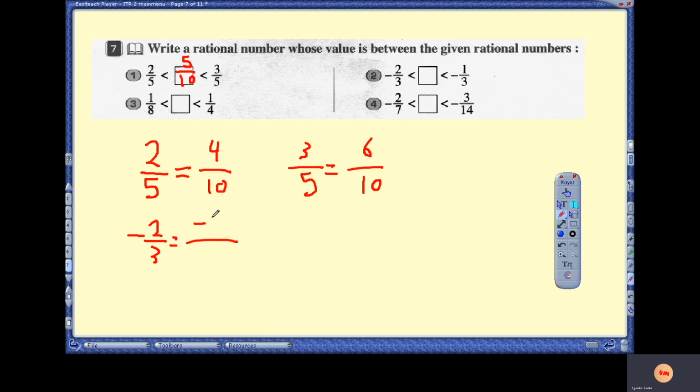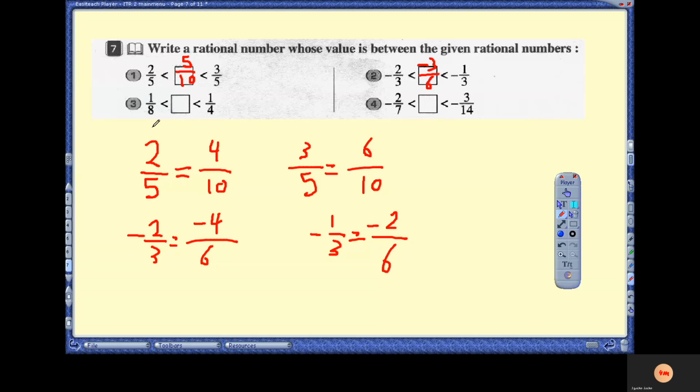You will get negative 4 over 6, and the negative third is negative 2 over 6. The rational number between the two rational numbers is negative 3 over 6.